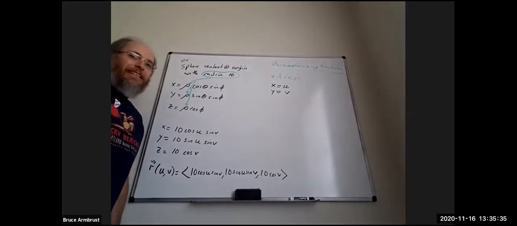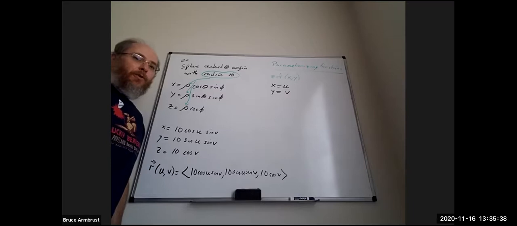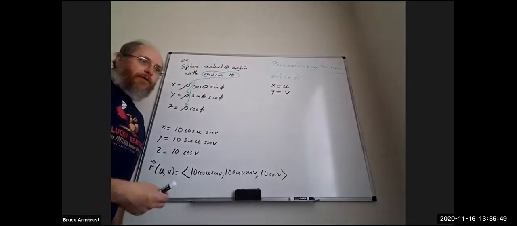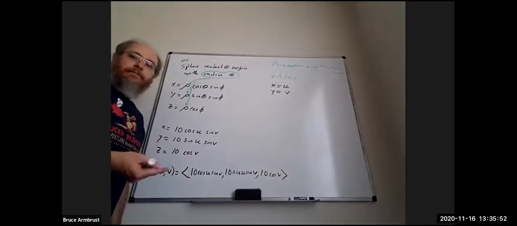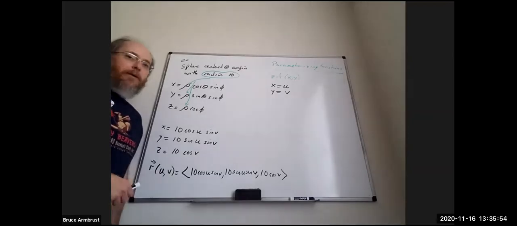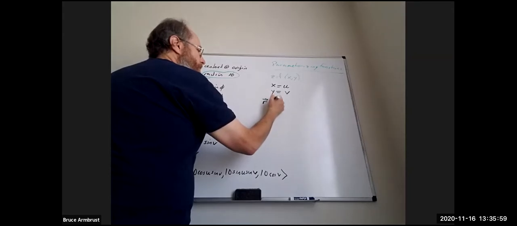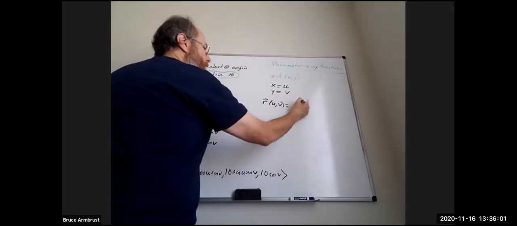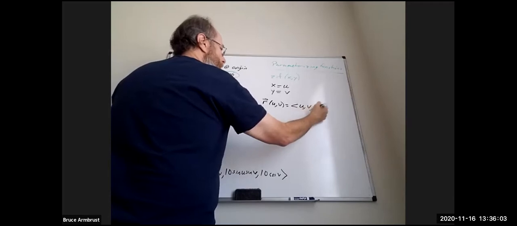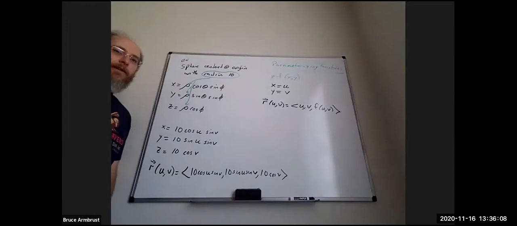This is exactly analogous to when you let x equal t for a curve. You remember those, right? Like if we had the function y equals x squared, you go, okay, well, x equals t, and then y equals t squared. Well, that's exactly the same idea here. So if we do our parameterization, r of u, v is going to equal u comma v comma f of u, v.